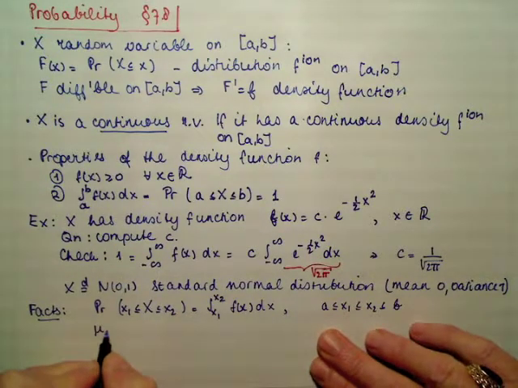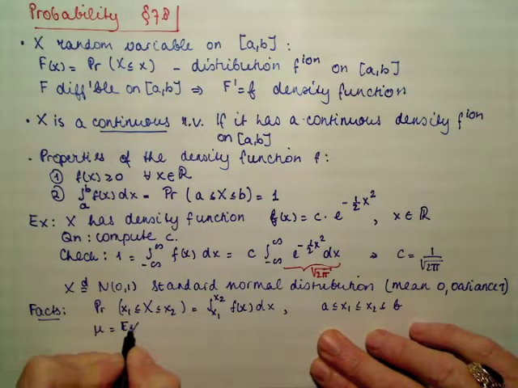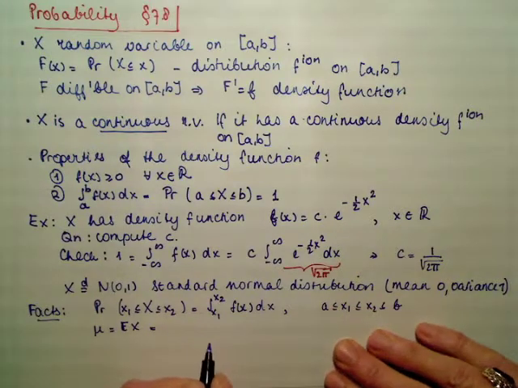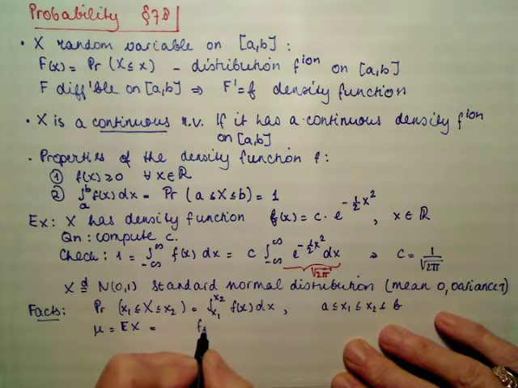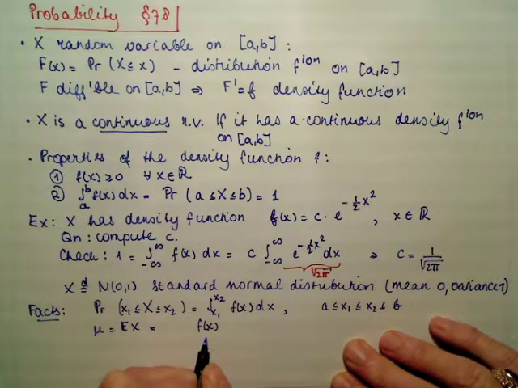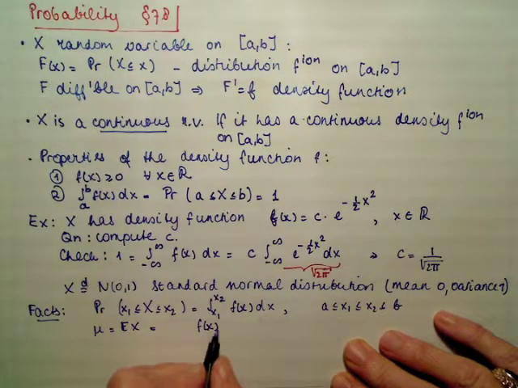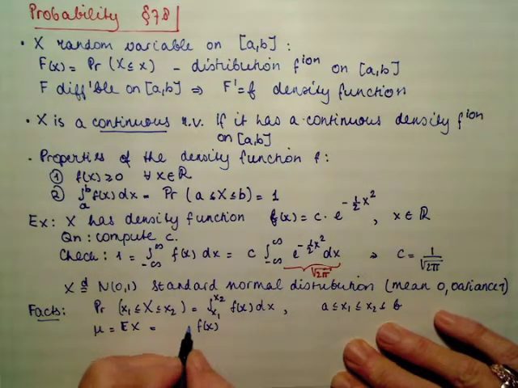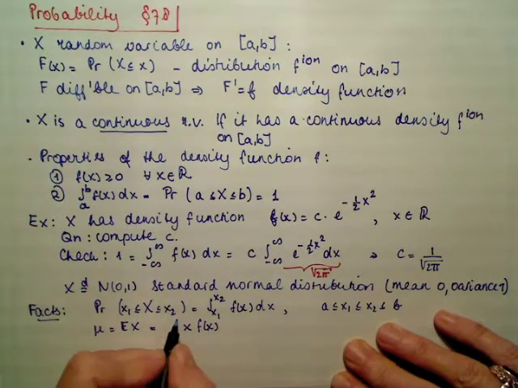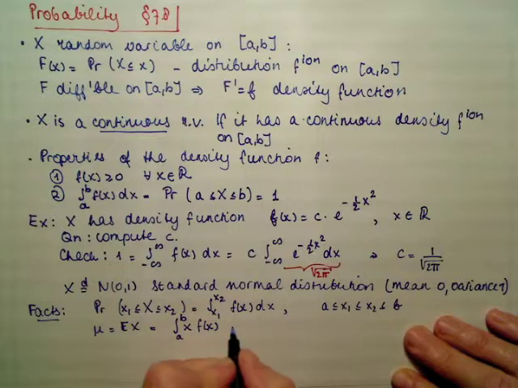The mean of the random variable is the average value of the random variable, so with a probability proportional to the density at the point x, the probability that x takes the value x approximately is proportional to f of x. Then we have the value x and we integrate over all possible values of the random variable, and then we get the mean.